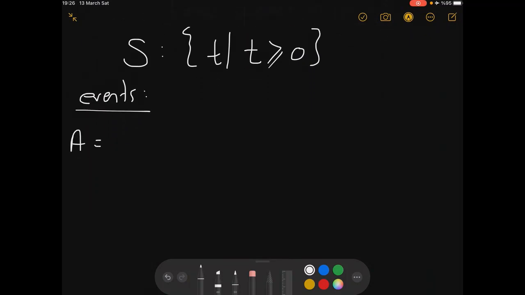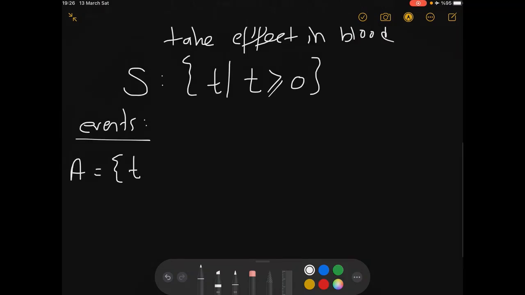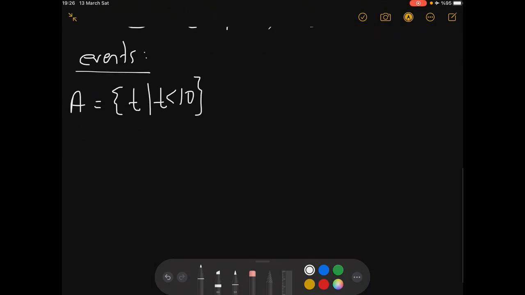For example, event A, what is this? It is T such that T is less than 10. Okay, we will have event B, for example, and it will be T such that T is greater than or equal to 5 and less than or equal to 20, for example.